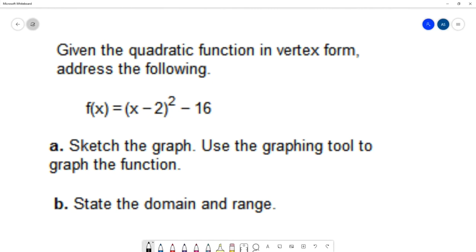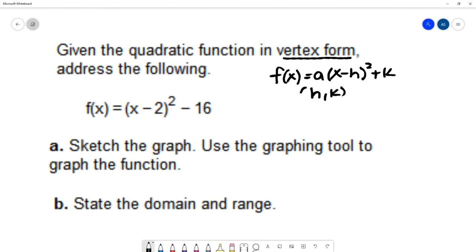So I mentioned that it's in vertex form. In vertex form is f of x equals a times x minus h squared plus k. That hk that you see is the vertex of the parabola.